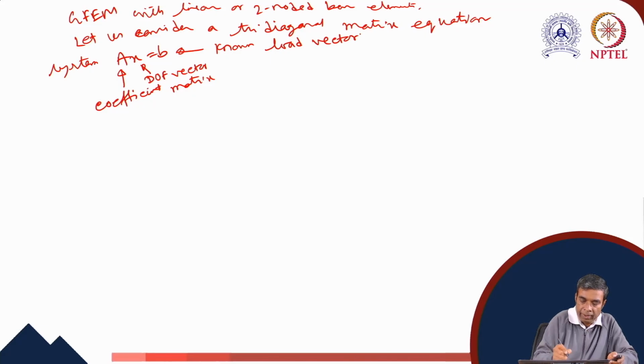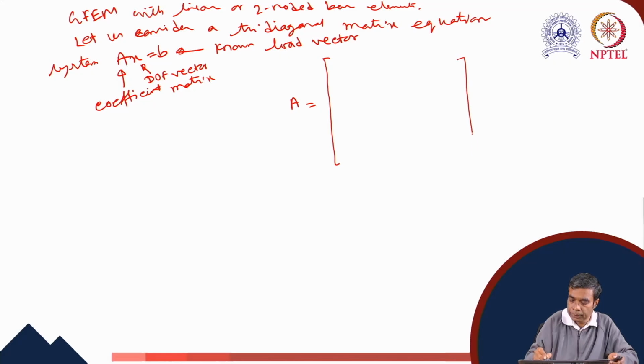So let us consider A equals to D1, D2, D3 up to the last term Dn in an n by n matrix equation system.